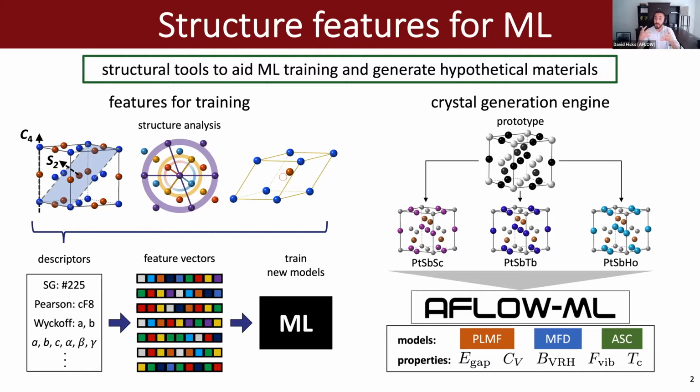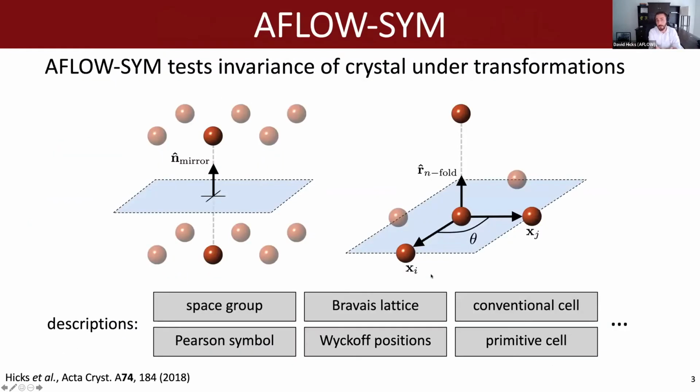You can generate new hypothetical materials and feed them into the AFLOW ML model that Professor Osis is going to be discussing to do quick screening of materials and their properties, or use them to train your own machine learning models. I'll quickly go through some of the modules, and then I'll go through a couple of exercises to show you how you can use these online tools.